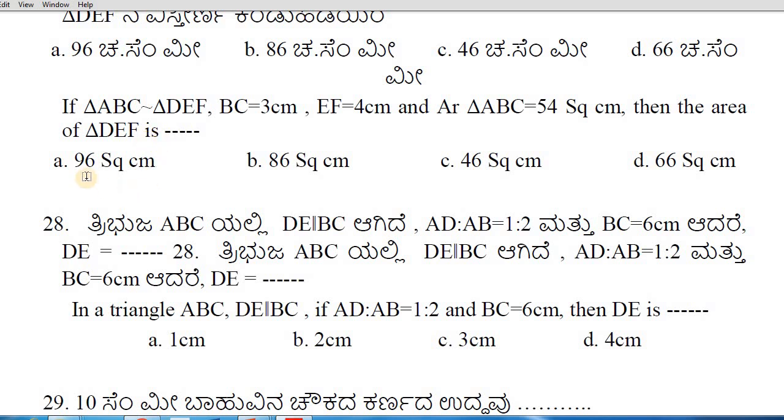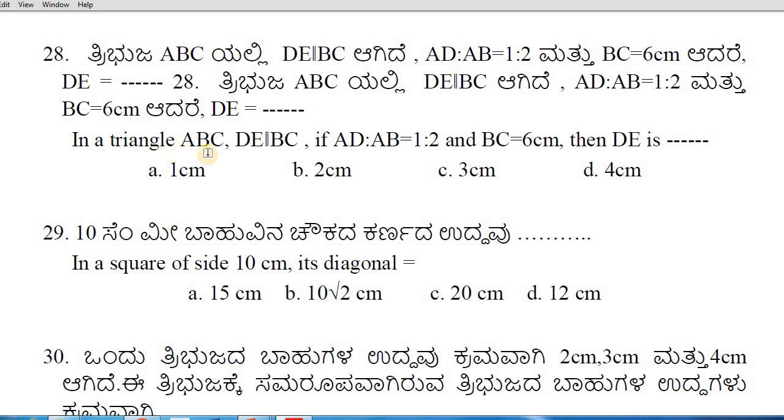Given options are 96 square centimeter, 86 square centimeter, 46 square centimeter, 66 square centimeter. Children, this problem we have to solve on the basis of the areas of similar triangles theorem. Solve this, you will get the answer 96 square centimeter.